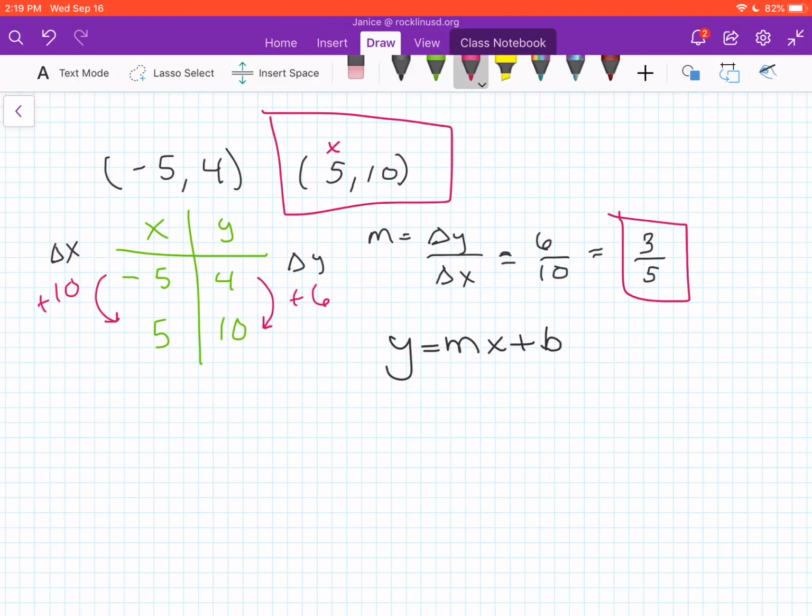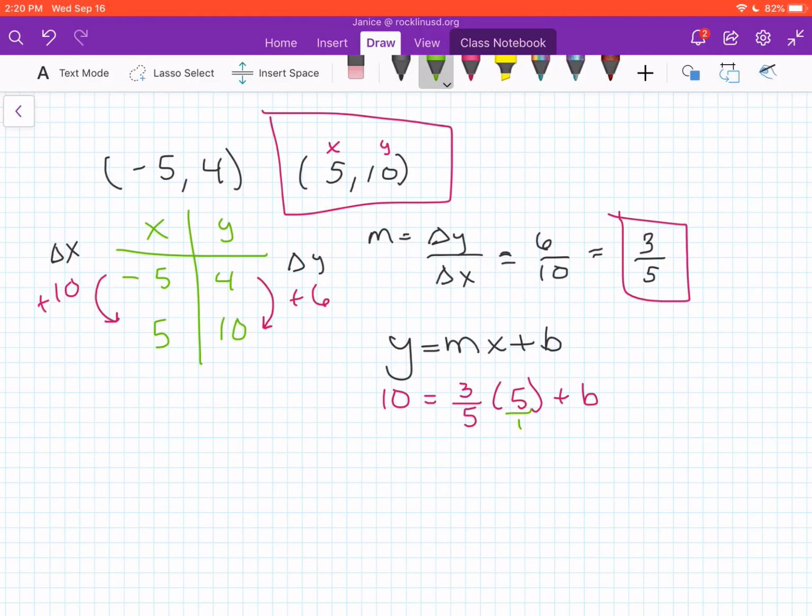So here's x, here's y, because you can choose any point you want. And I'm going to substitute in 10 for y, 5 for x, and 3/5 for the slope. So y, 10, equals slope 3/5 multiplied by x, which is 5, plus b.